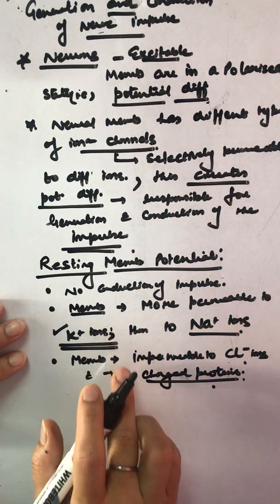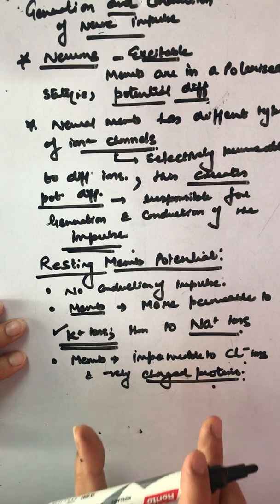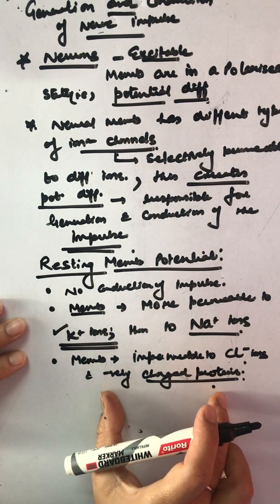These ionic gradients across the membrane are maintained by the active transport of ions by a pump.